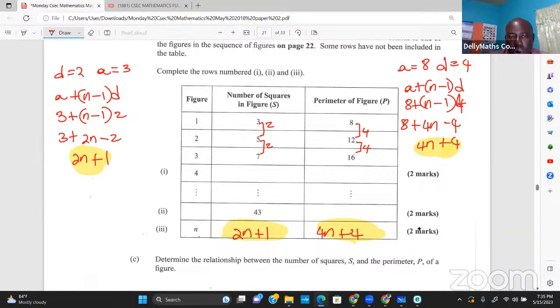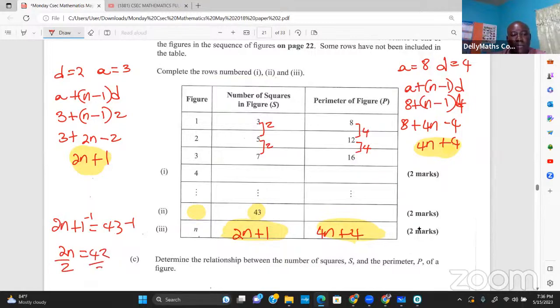Now you can use it to fill out anything you want. So I'm going to use it now to fill out this blank spot here. The 43 is in the 2n plus 1 column, which means 2n plus 1 is 43. I need to find the n. So you minus 1 from both sides. 2n is equal to 42.